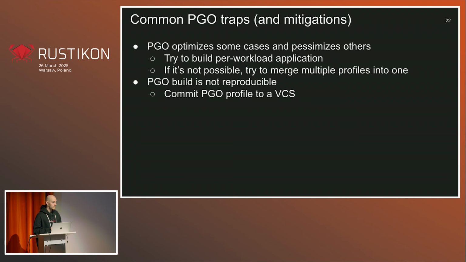You can just commit your PGO profiles into some storage like a VCS, something like that, and use this profile during each build. If your build is already reproducible and you use the same PGO profile during each build, you should be fine. So your build will remain reproducible. There is another thing, which is collecting the same PGO profile in a reproducible way.